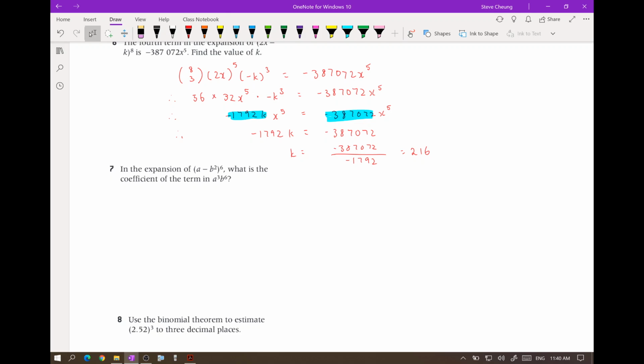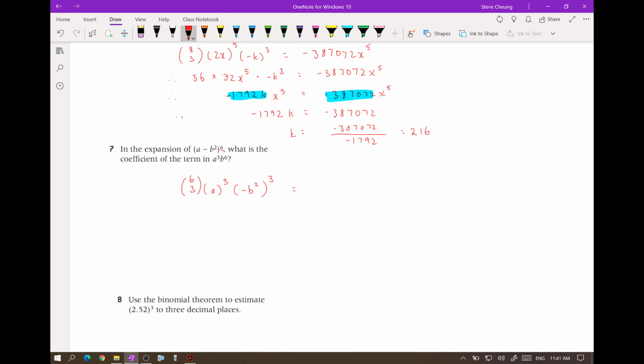Question 7. By inspection, you should be able to tell that out of these two terms, in order to get a cubed b to the 6, I will need to have 3 of these terms and 3 of these terms. And then just to check, 3 plus 3 is 6, well, it is. So the binomial coefficient will be 6 choose one of these, but they're the same, so I'll just choose one of the 3's.